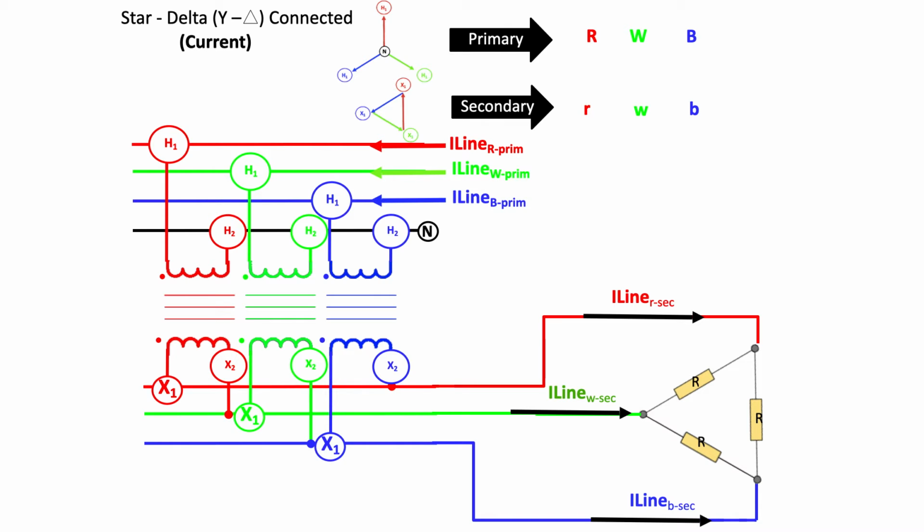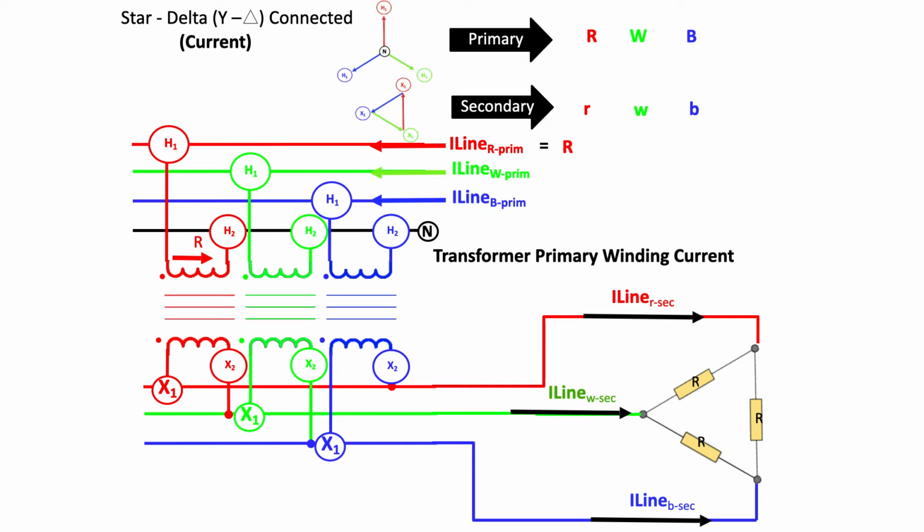The transformer primary winding current I'm going to refer to with a capital R. And the current coming in the line is going to flow down and into the spot of that red transformer. And all of the current flowing through the red phase coil or winding of the transformer is going to be equal to I line R primed in a Y delta connected transformer.